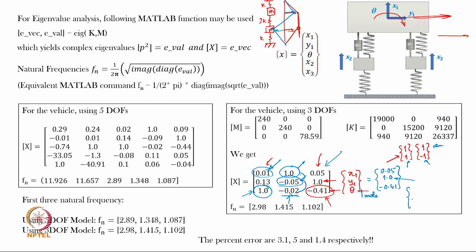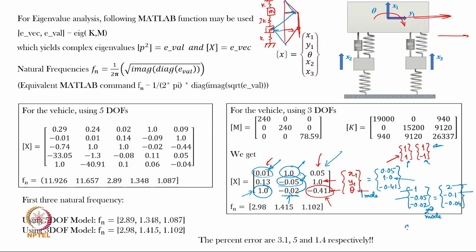So, if I have a mode shape which is saying the second mode shape, if I rewrite here as 0.05, minus 0.02, then if this mode shape is for the second vibratory mode, then this is also the same second mode, because it still represents that the ratio between this and this motion is the same as the ratio between this and this motion, numeric value.